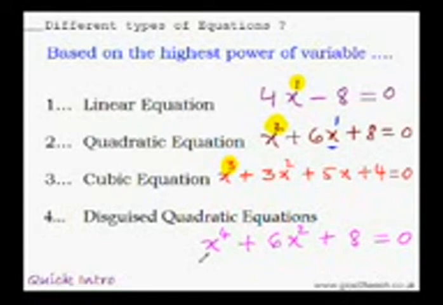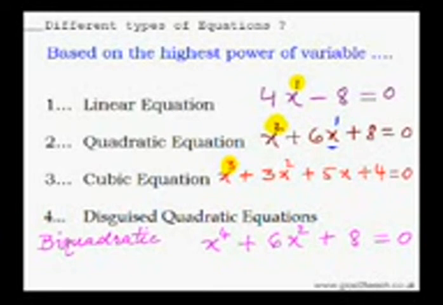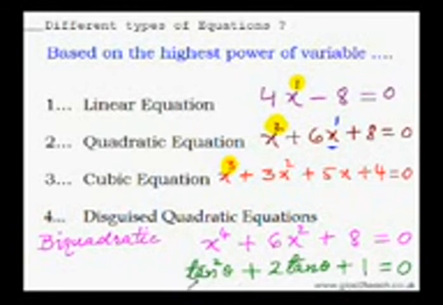You can say that it is working undercover, like James Bond. And the name of this disguised quadratic equation is biquadratic equation. Even this equation is a quadratic equation, but it is disguised. And this particular type is called trigonometric quadratic equations.